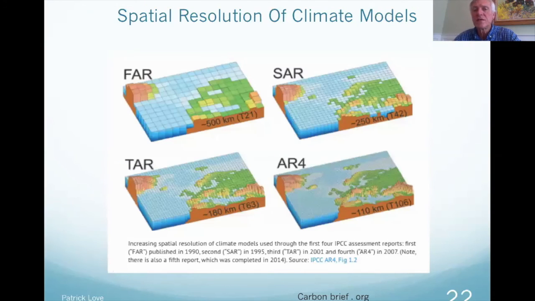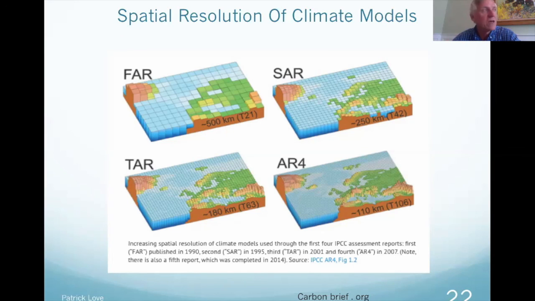You can see in these models how our resolution has improved over time. So the way they work is there's a grid, and basically inside each of those things that look like little cubes, you have the pressure, temperature, and moisture content, and you basically map those from one box to another with differential equations that tell you how the whole model changes with time, and including the velocity of the winds and the velocity of the currents in the ocean and so on and so forth.